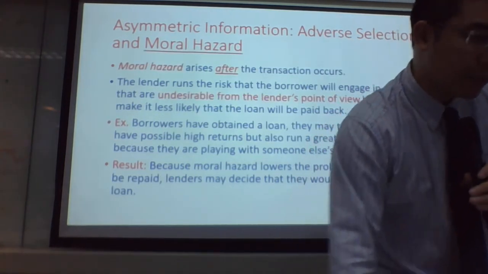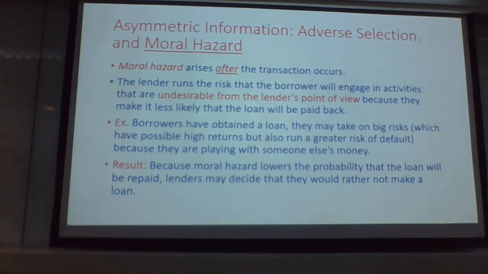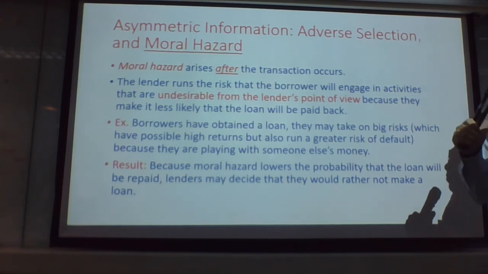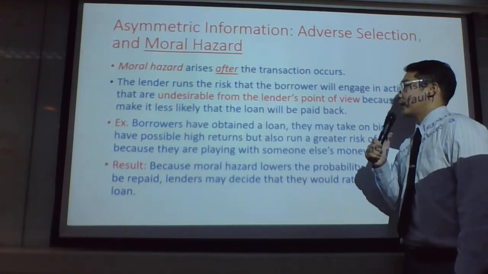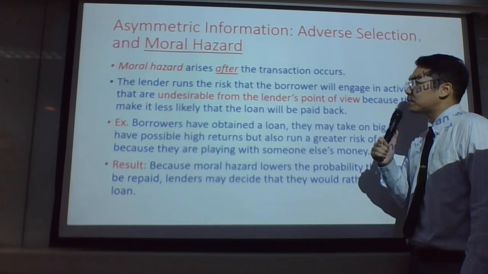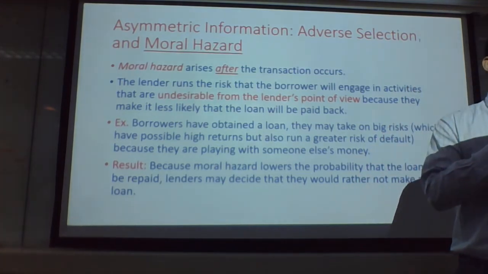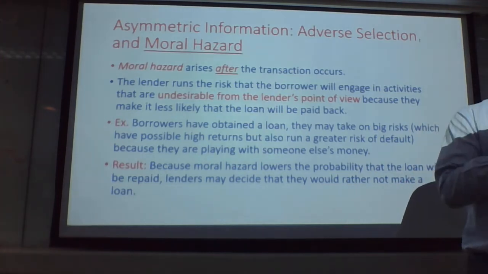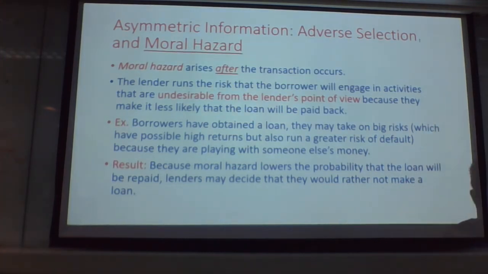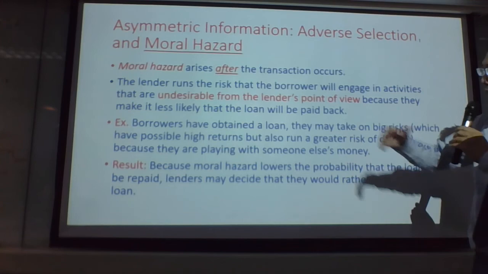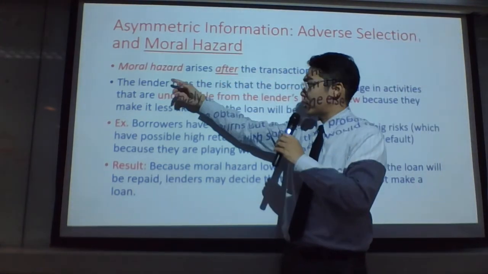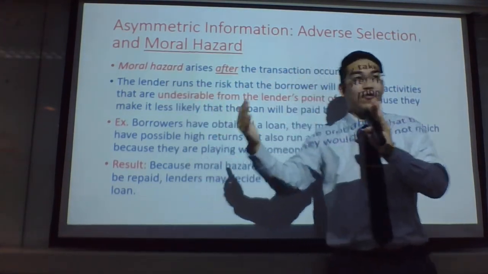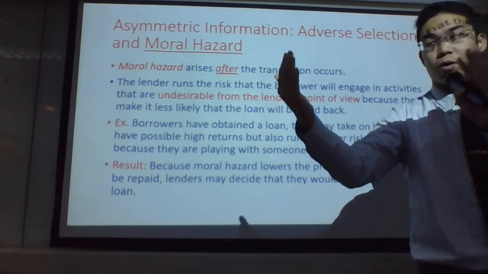And moral hazard is a situation that occurs after the transaction. The transaction has already occurred. Imagine, I don't know, you guys are in year 2, I don't know if you have a boyfriend or girlfriend or not. But say you have a boyfriend or girlfriend already.